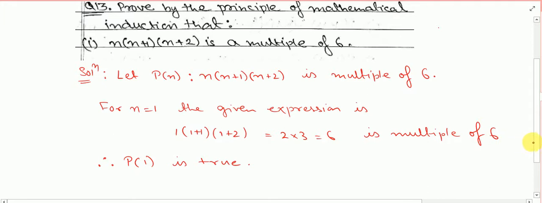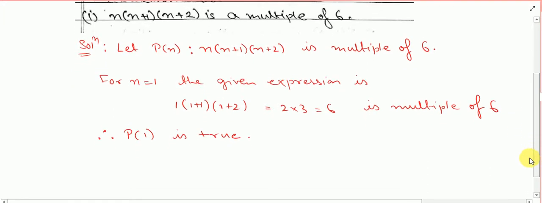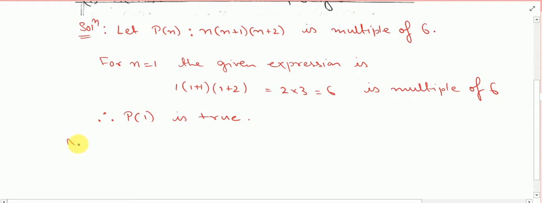Now, next is to assume that Pk is true. So, now let Pk be true. So, when I say Pk is true, that means here if I replace n by k, then whatever expression you obtain will be multiple of 6.